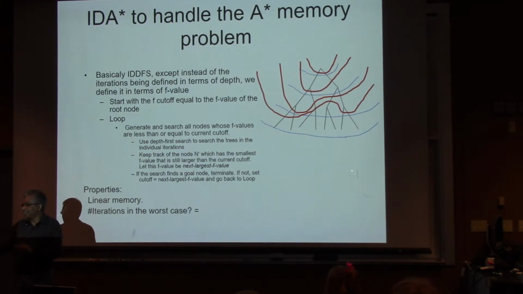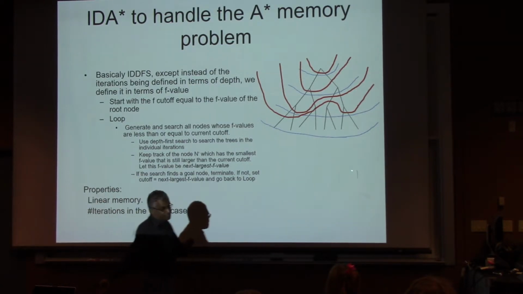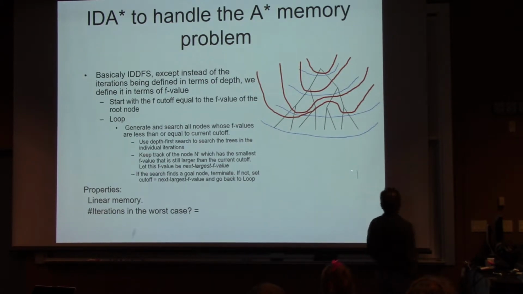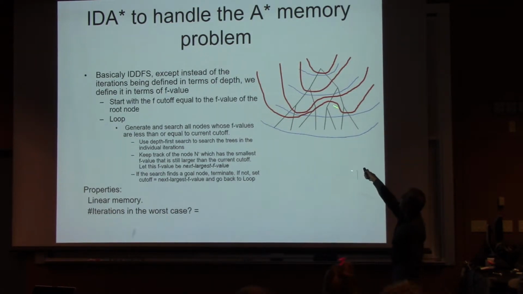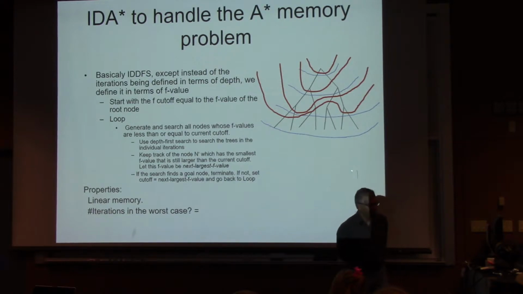What matters is the F value, and the F value depends on G, which is the edge cost, and H, which is the heuristic estimate of the distance to go. So for example, I can have situations like this with irregular shaped contours. This contour is f of 0, this is f of 1, f2, f3, etc.